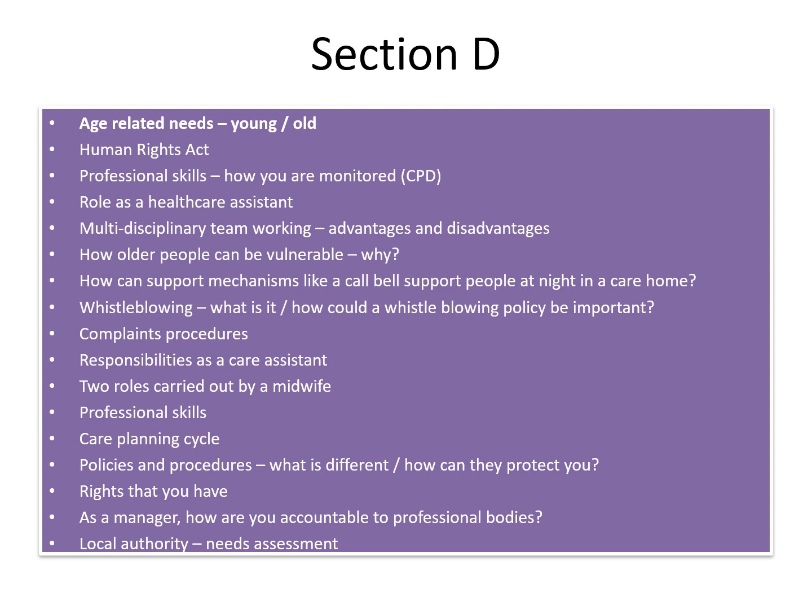How support mechanisms like a call bell can help people at night in a care home, or if they're panicked or anxious. Whistleblowing, what is it? Why is it important? Complaints procedures, responsibilities as a care assistant, 2 roles carried out by a midwife, professional skills, care planning cycle, again, this is in Unit 5. Policies and procedures, what's different, how can they protect you, rights you have. As a manager, how are you accountable to professional bodies, local authority needs and assessment?